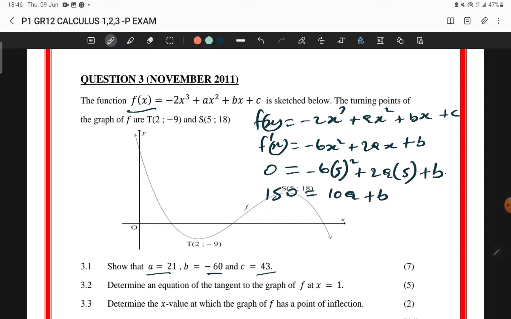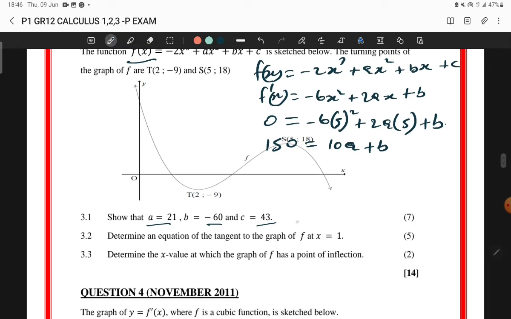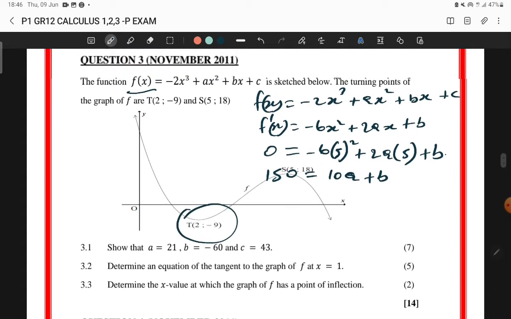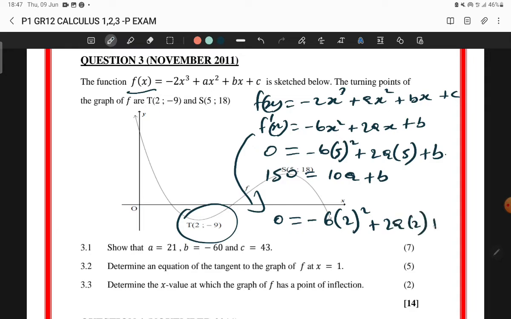Then moving to the next one, we can also use this other turning point to say, in our derivative we can still put 0, then substitute another value, which is in the place of x we put 2. So we'll be having negative 6 times 2 squared, plus 2 times 2 times a, plus b.